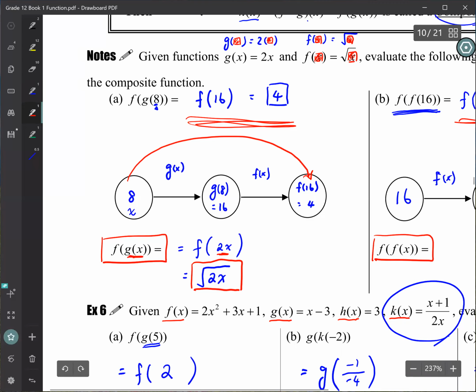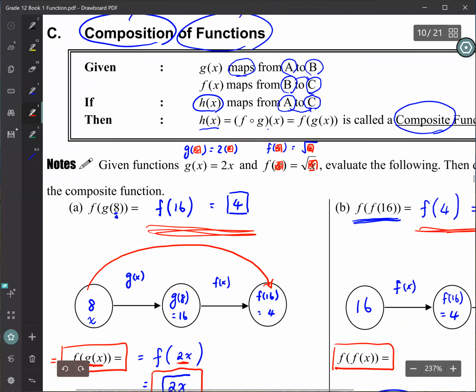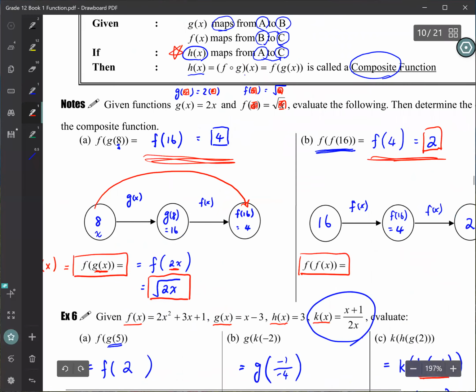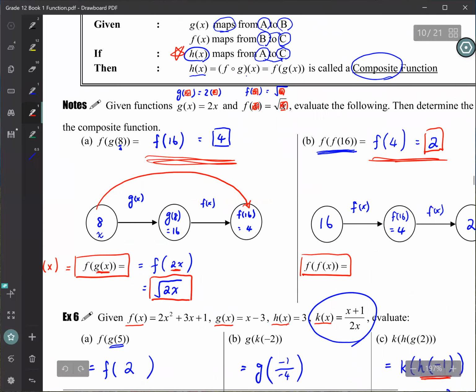So this one is your h of x, the composite one, right? And the h of x comes from the top, right? Remember over here, h of x takes the original ingredient and then outputs to the final product, the C, right? Go straight to C instead of A to B and then B to C. You go straight to C.